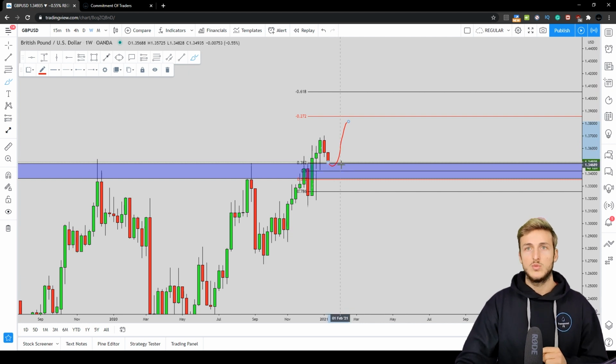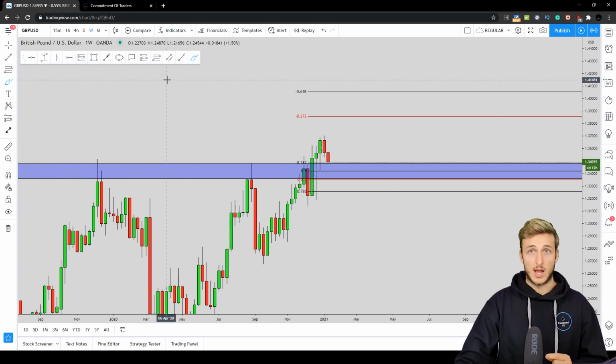So at the moment on the weekly as well, everything looks quite bullish since the market is testing this confluence of support zone, from which we do expect the market to provide a continuation to the upside.